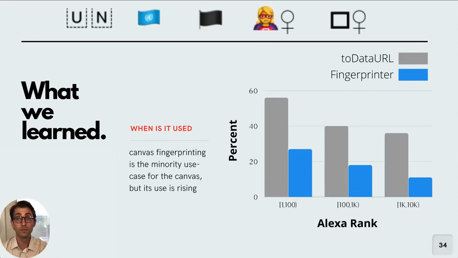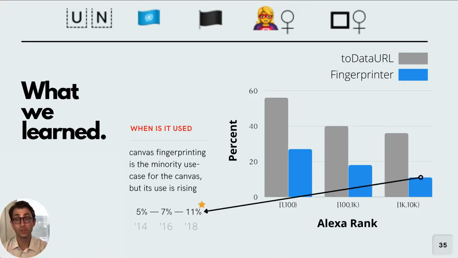So here we have intervals of Alexa rank, the 1 to 100 category, 100 to 1000, and 1000 to 10,000 listed along the bottom. On the left, we can see the percentage of websites that fall into that interval that are associated with either using ToDataURL in gray, or using ToDataURL for a fingerprinting purpose in blue.